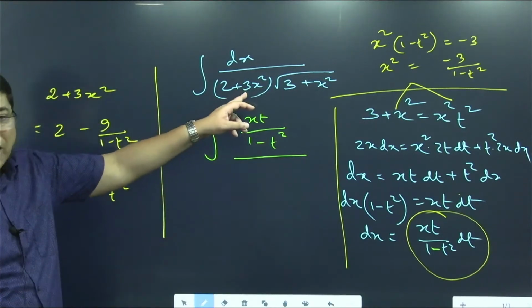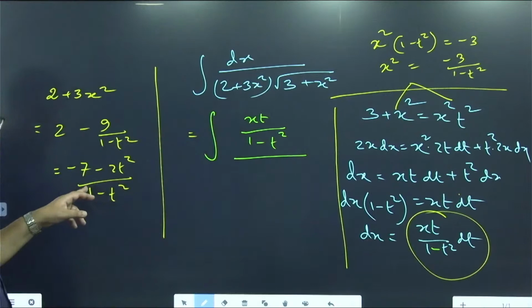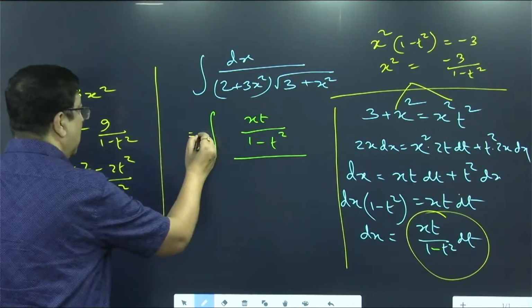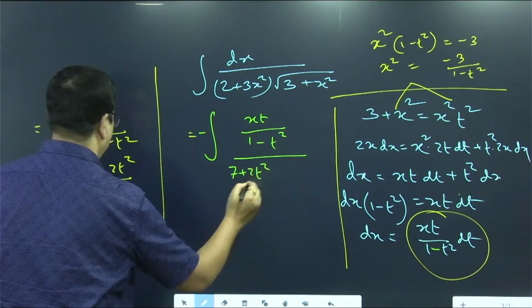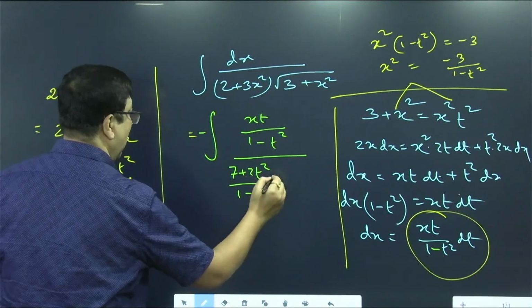In place of 2 plus 3x square, I am putting this. I am taking the minus outside. Minus, 7 plus 2t square by 1 minus t square.